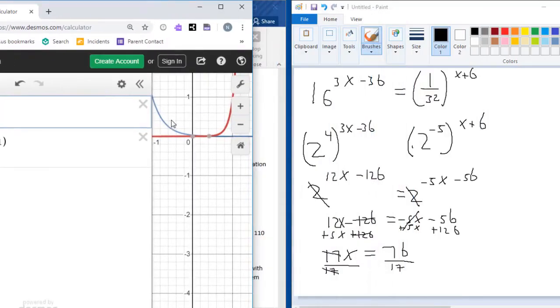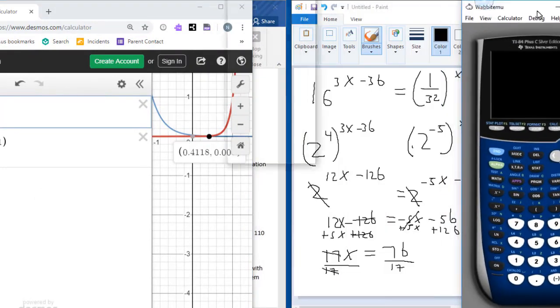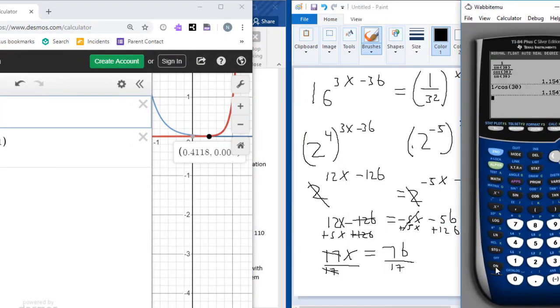So that intersects at 0.4118, and if I do 7 over 17, that's 0.4118 approximately. So if I plug in 1 for b, and then test my answer choices, I'll be able to find my solution.